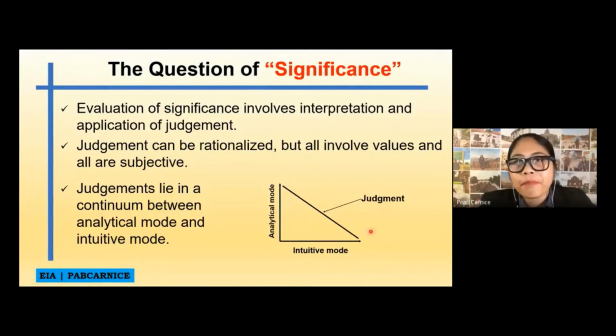And the third side of the triangle is the hypotenuse. Anyhow, as you can see here, judgment lies in a continuum between analytical mode and intuitive mode.